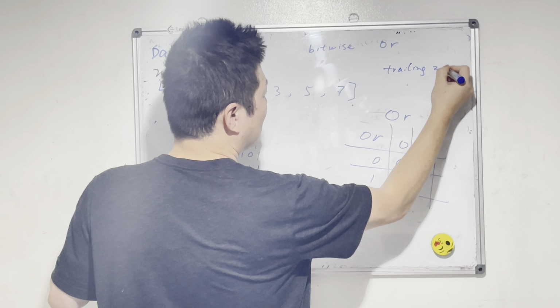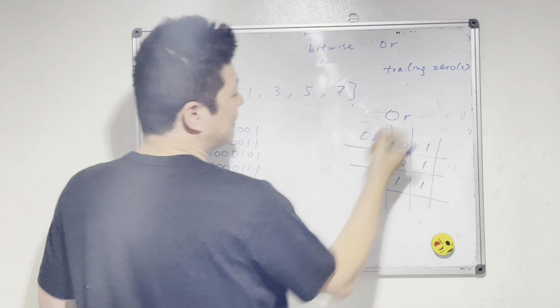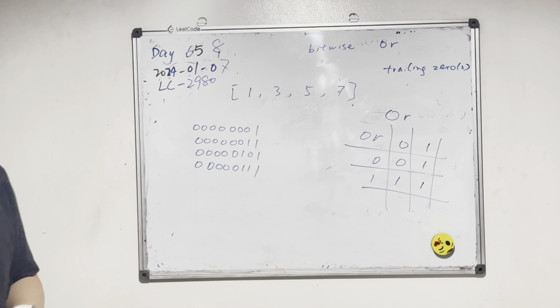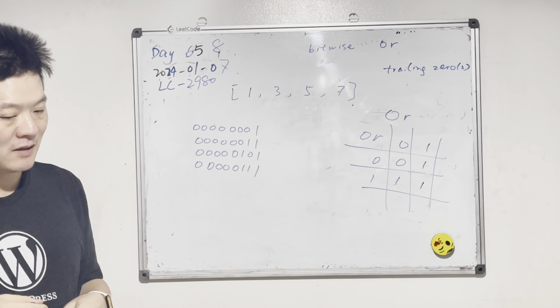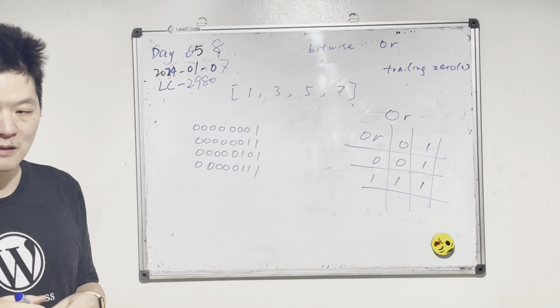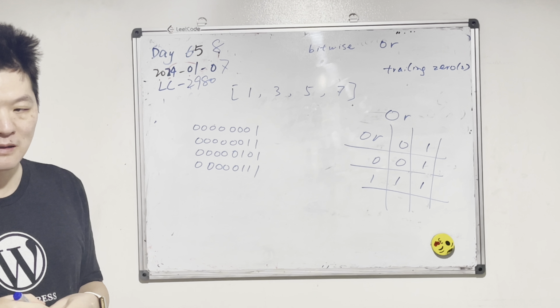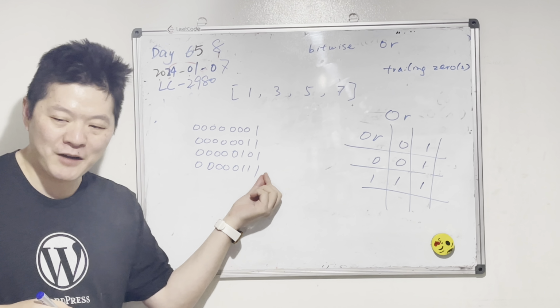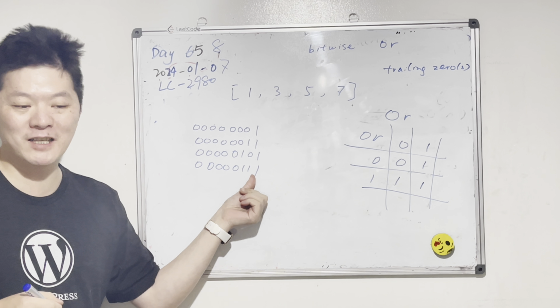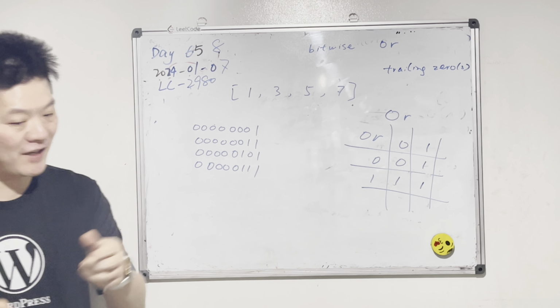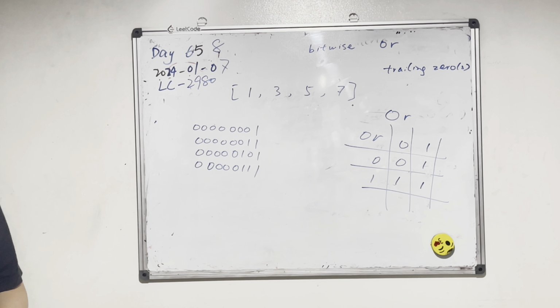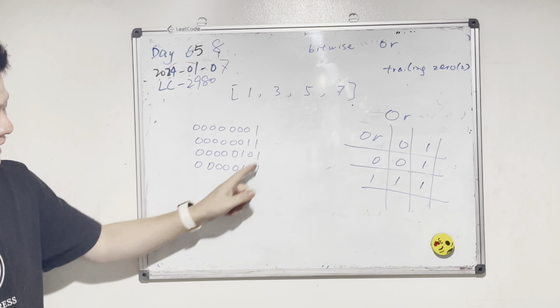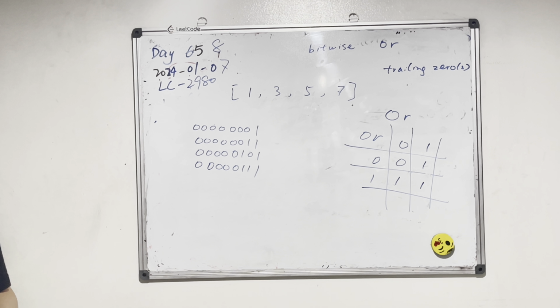Zeros in a row, a number followed by zeros. So what happens if we have a trailing zero? The number is even. Because if it ends with 1, then it's all even and plus 1 makes it odd.